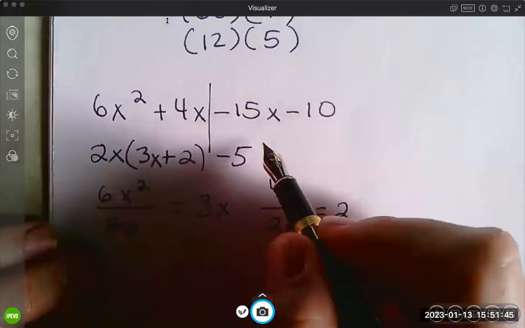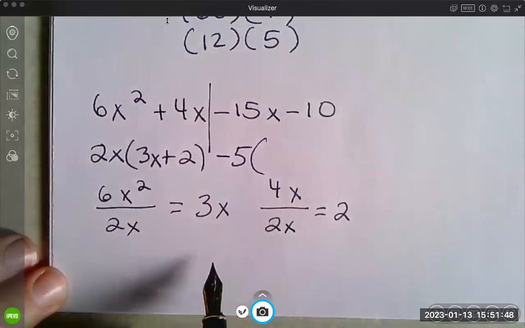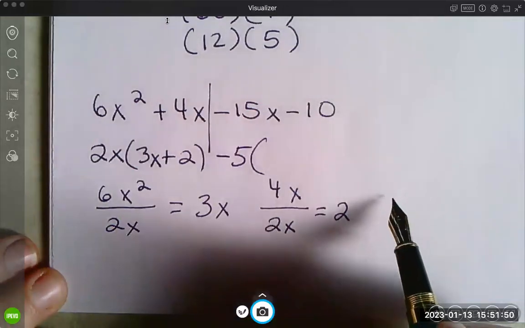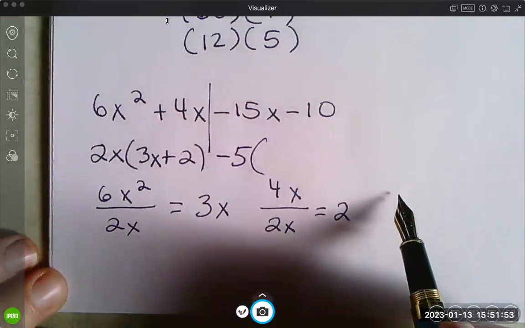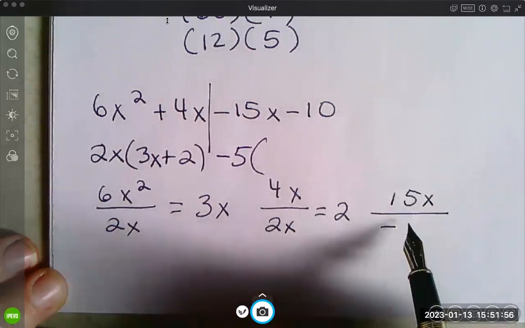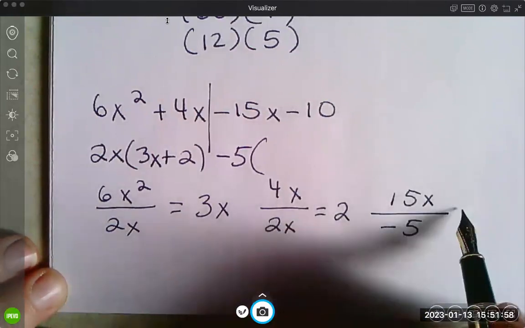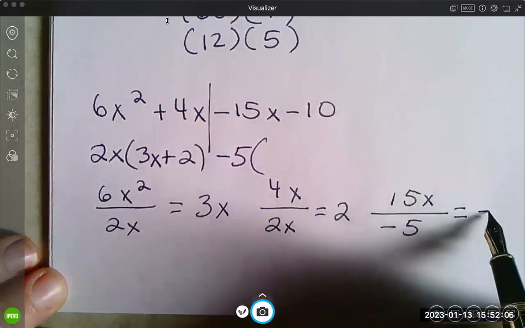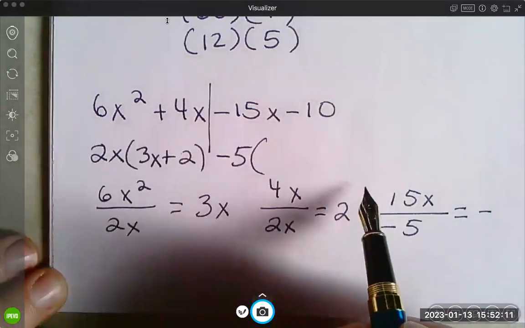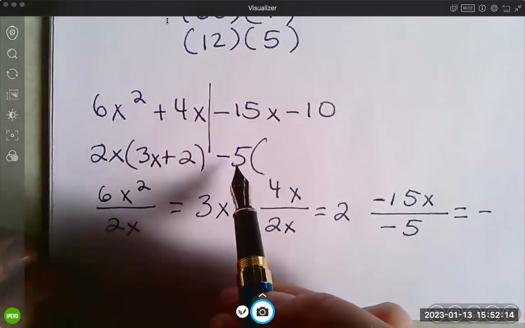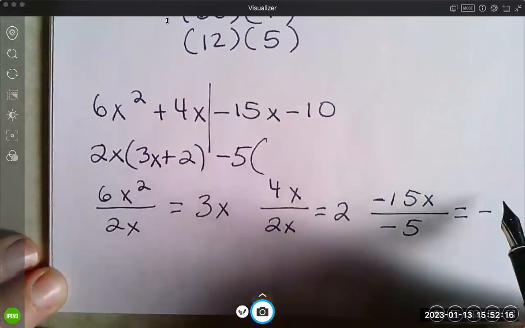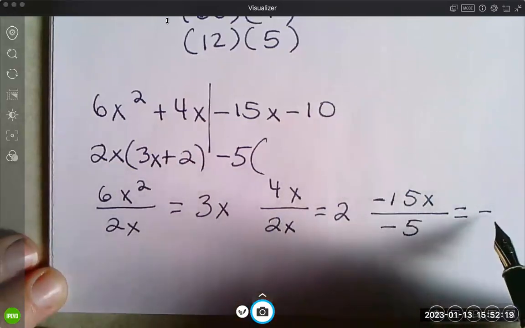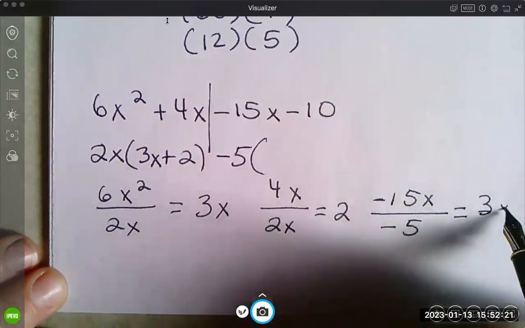Greatest common factor is 5, right? And -15x divided by -5 is just 3x, right?